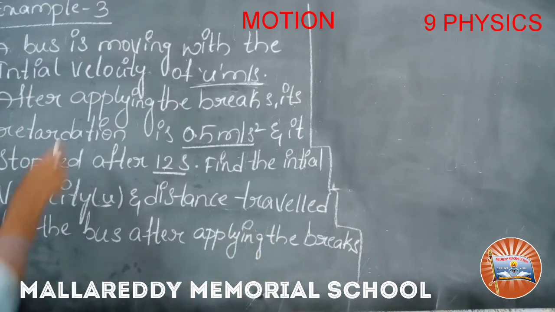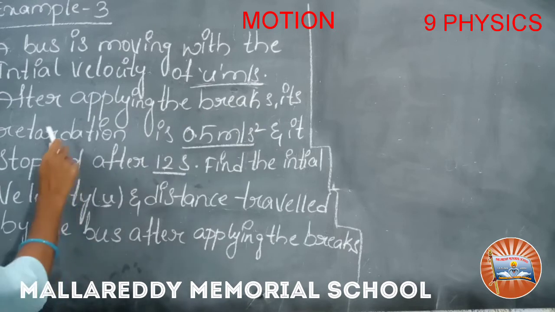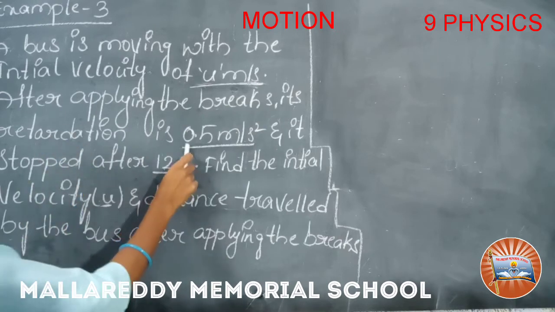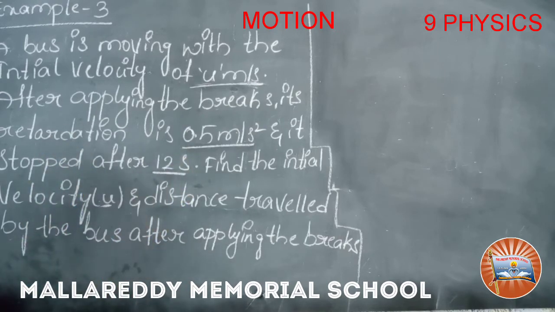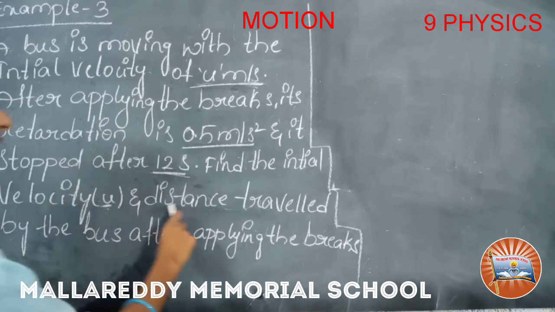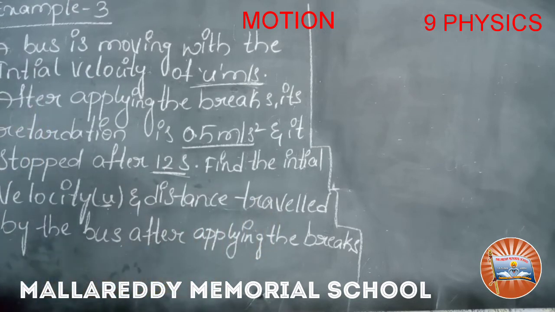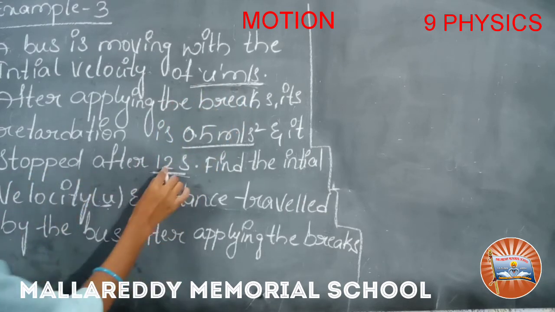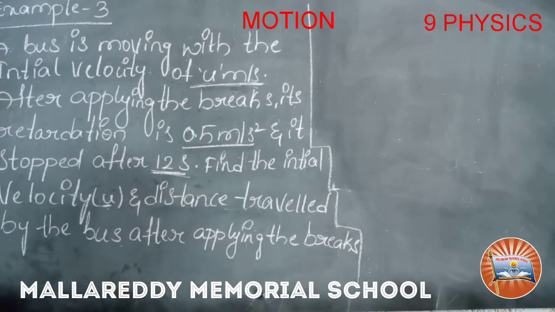So here, after 12 seconds the bus has stopped. So here the final velocity v must be 0.